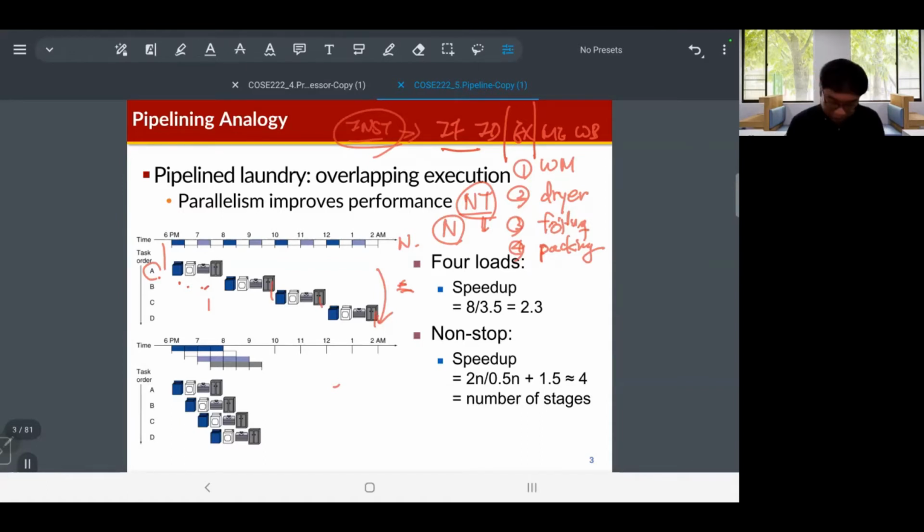To avoid this situation, the researchers invented pipelining. It's called a pipeline architecture, or simply pipelining. What is the basic idea of pipelining?